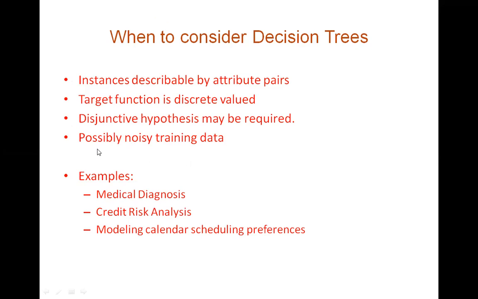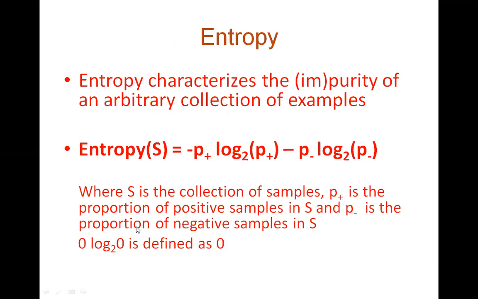And if you're not sure of your data, you think that it is noisy or some error is there, then also we can make use of a decision tree. These are some fields where a decision tree has been used: medical diagnosis, banking and finance sectors, calendars, scheduling and so on.